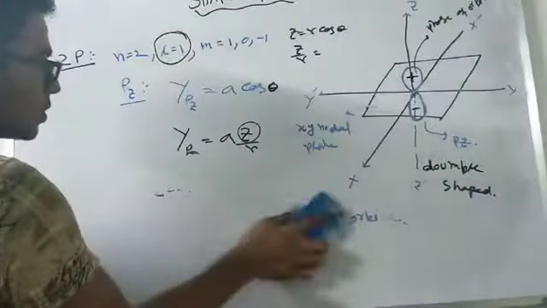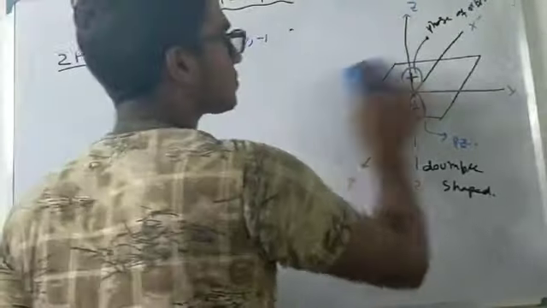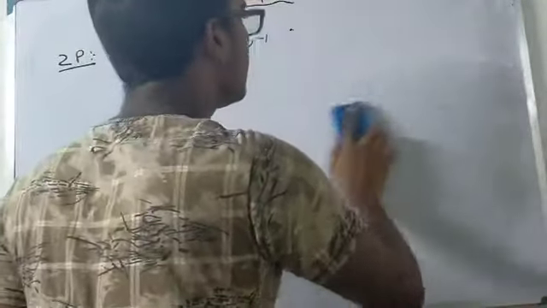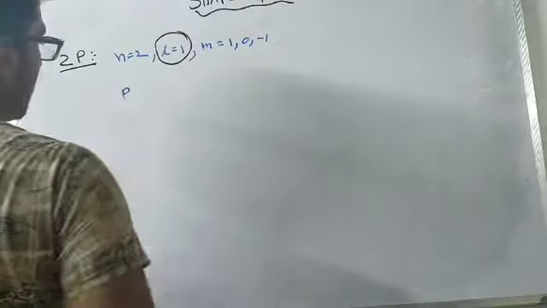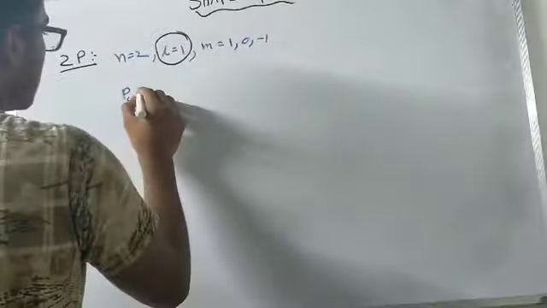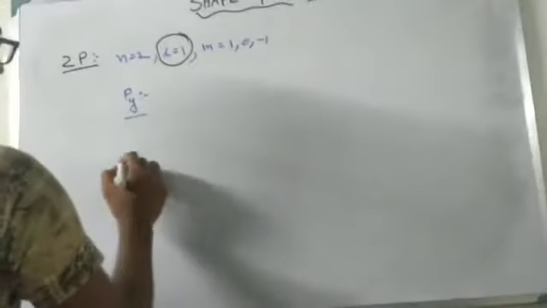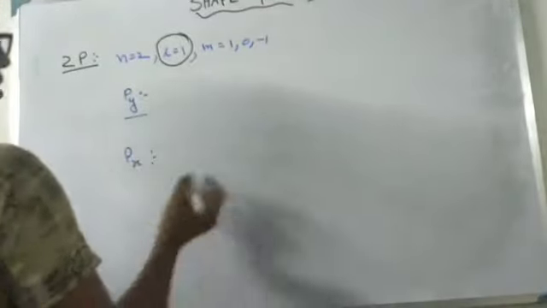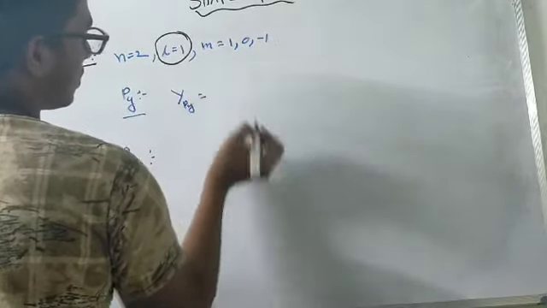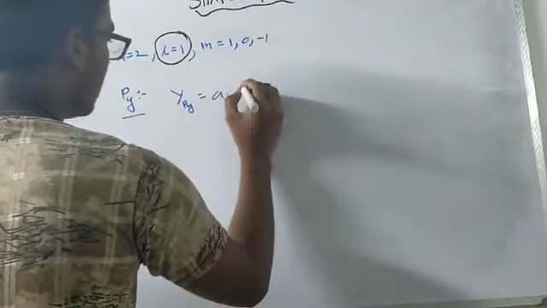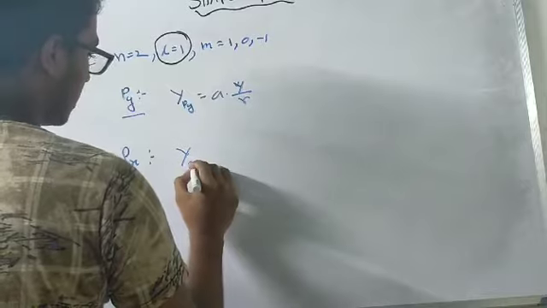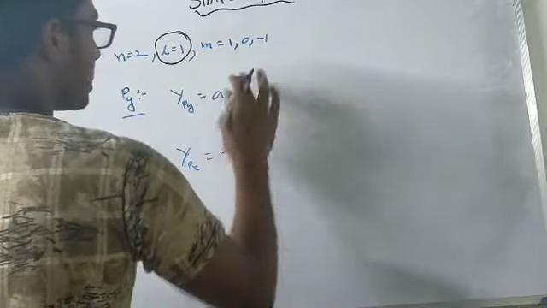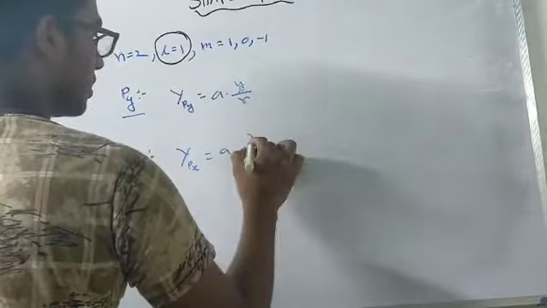Okay, let's go for the other p orbitals, starting with py. In the case of py and px, the wave function of py equals a constant times y upon r, and for px, it equals a times x upon r.